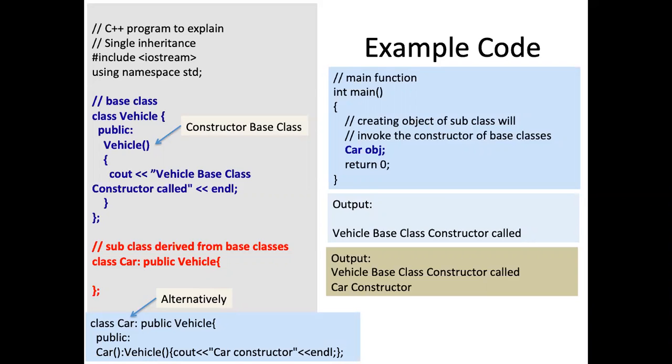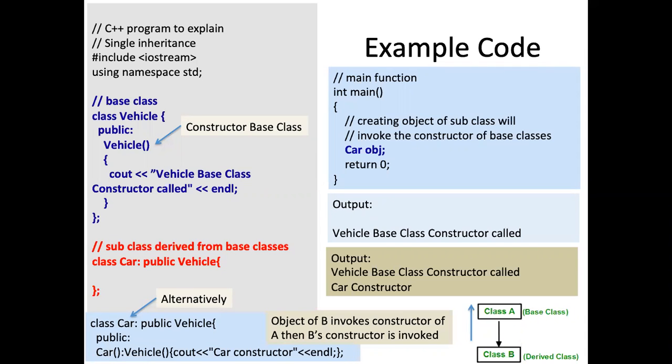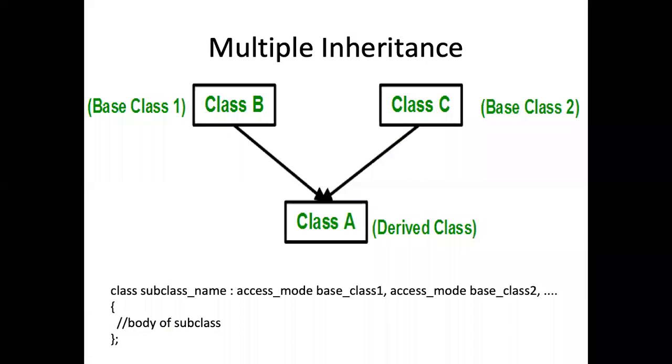For example, if you declare a car object in your code, the constructor for the base class would be called, and then the constructor for the derived class. So the base class constructor followed by the derived class constructor is called.